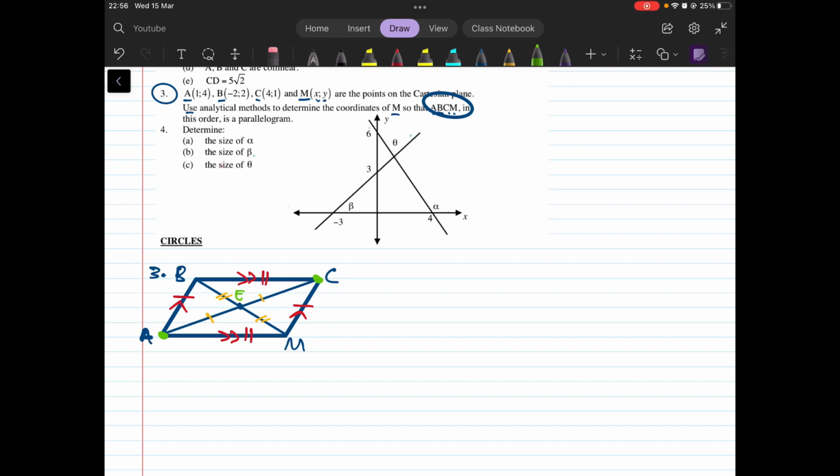There we can use the same midpoint formula to get the coordinates of M, which are the X and Y that we are looking for. I hope you see how that can be done.